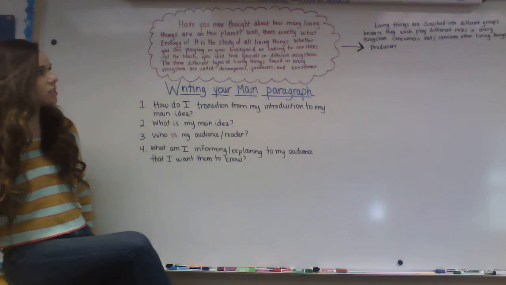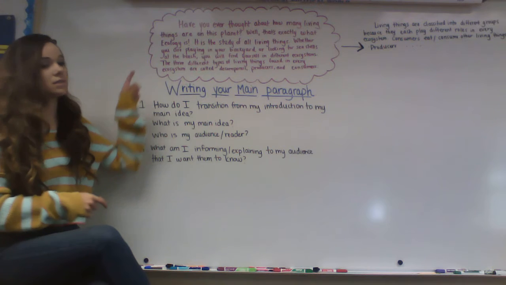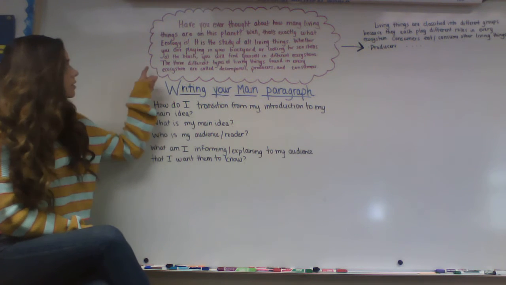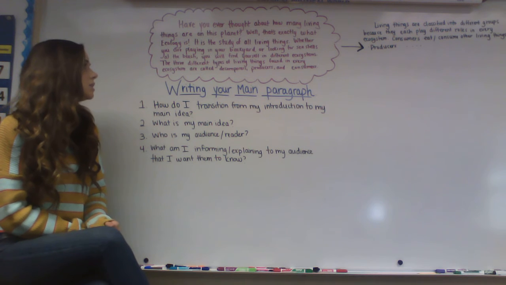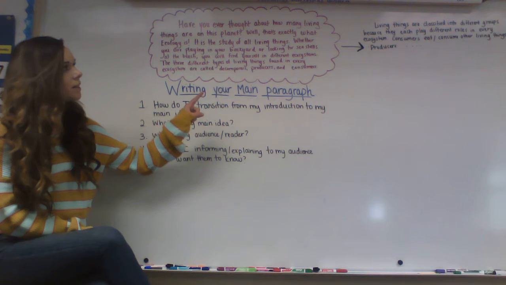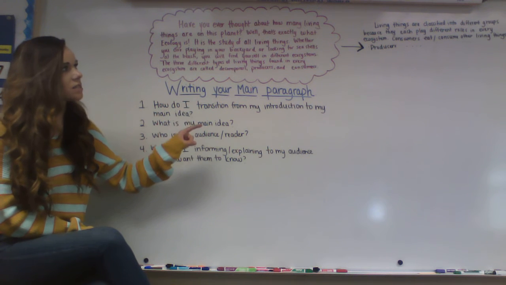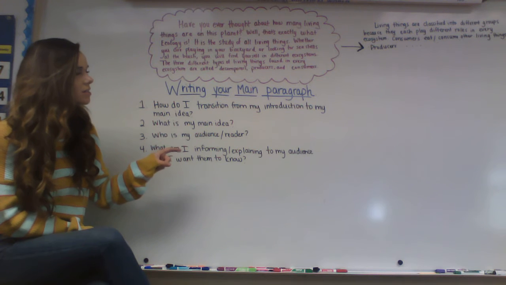So I wrote in my transition, because I go back to my last sentence, and this is how I did it. So I said the 3 different types of living things found in every ecosystem are called decomposers, producers, and consumers. So I transitioned by saying living things are classified into different groups because they each play different roles in every ecosystem.